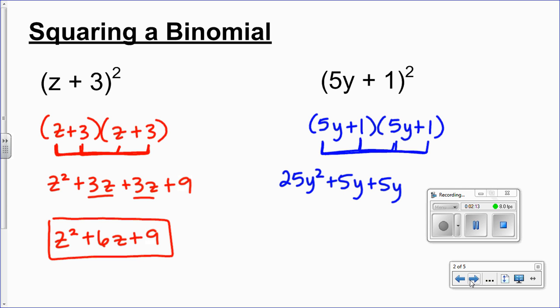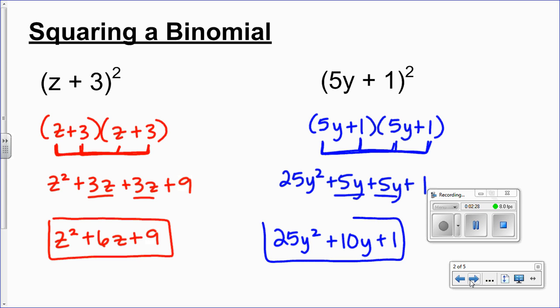And then 1 times 1 would be 1. Combine your like terms. And then we're done.